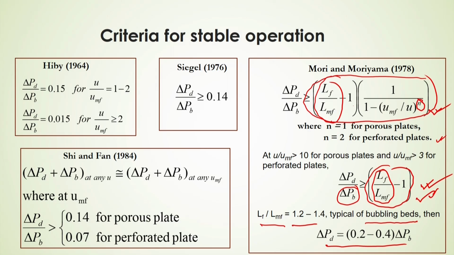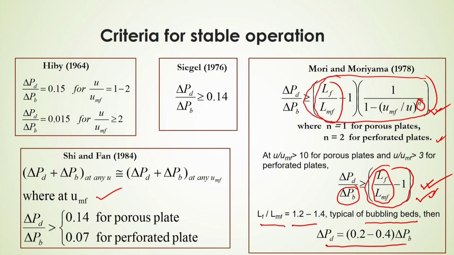Whereas Shai and Fan 1984 proposed another criterion. They proposed that the sum of the distributor pressure drop and bed pressure drop at any fluid velocity will be approximately equal to the sum of these two pressure drops at minimum fluidization condition.